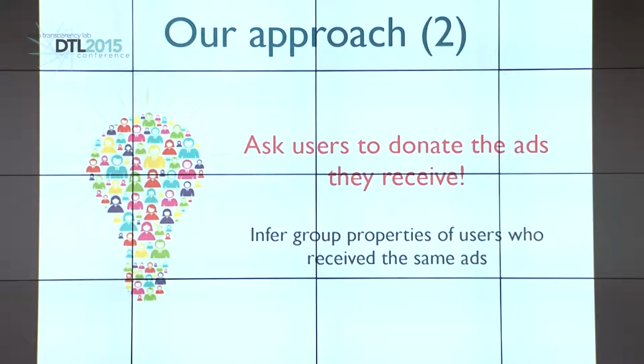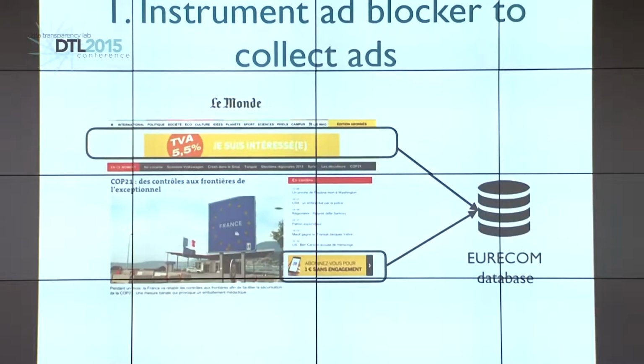Our approach to solve this challenge is to crowdsource the task and ask users to donate the ads that they receive while browsing. Then we can use machine learning techniques on this data and infer what properties a group of users that receive a particular ad have. More precisely, what do we plan to do?